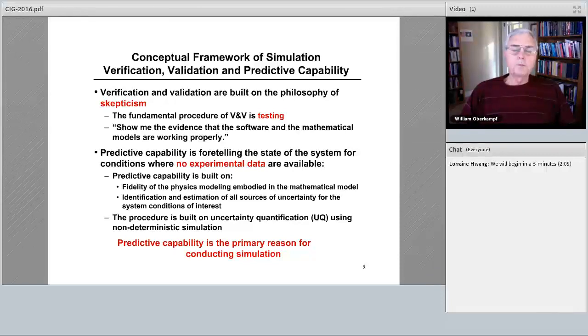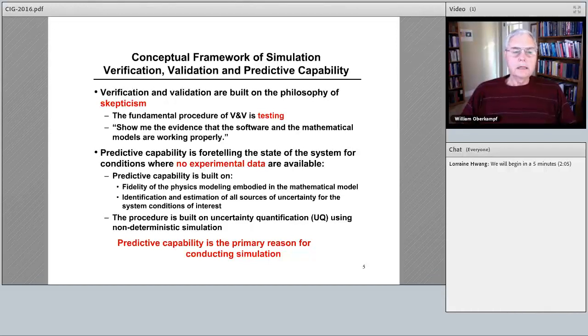Some people, particularly if you come from a statistical background, think that predictive capability is primarily a statistical process. That's an important element, but predictive capability, that is foretelling the future, is based on physics and science and chemistry, biology, all of those things, where statistical techniques are tools that you get there with. Identification and estimation of all sources of uncertainty for the system conditions of interest.